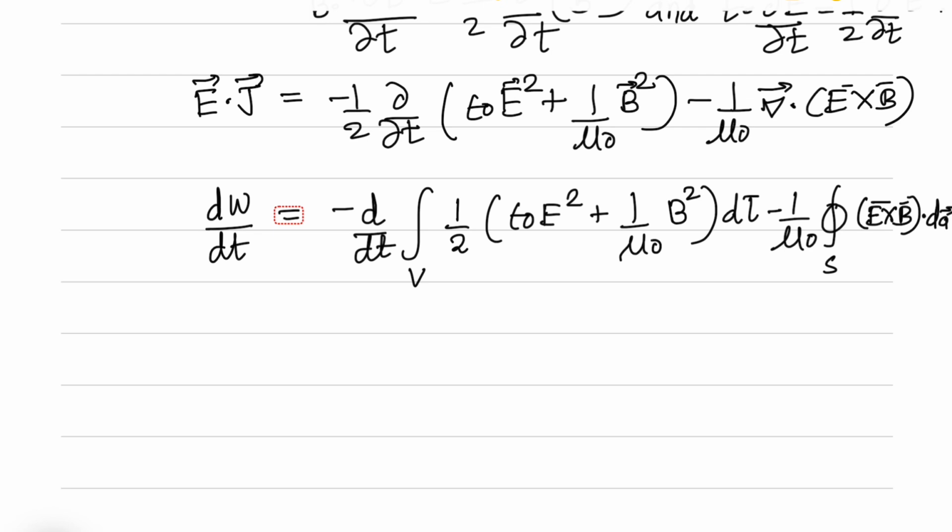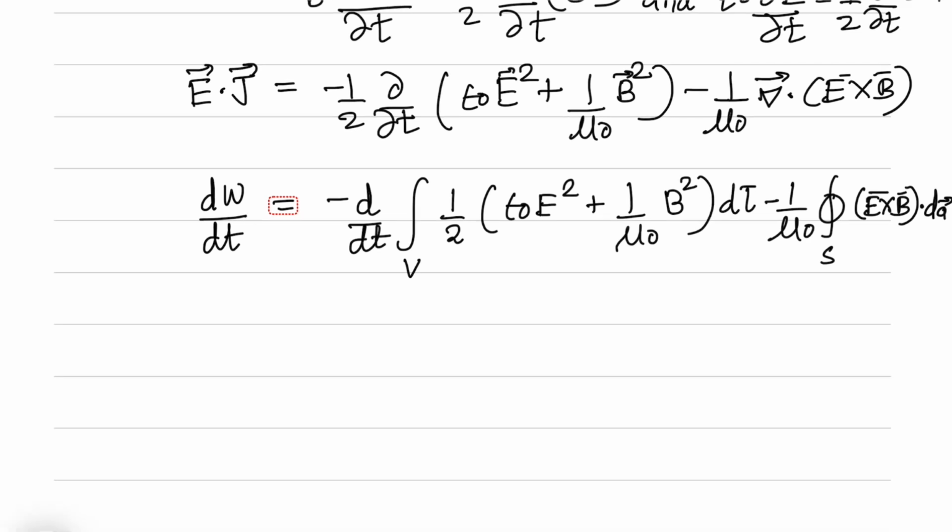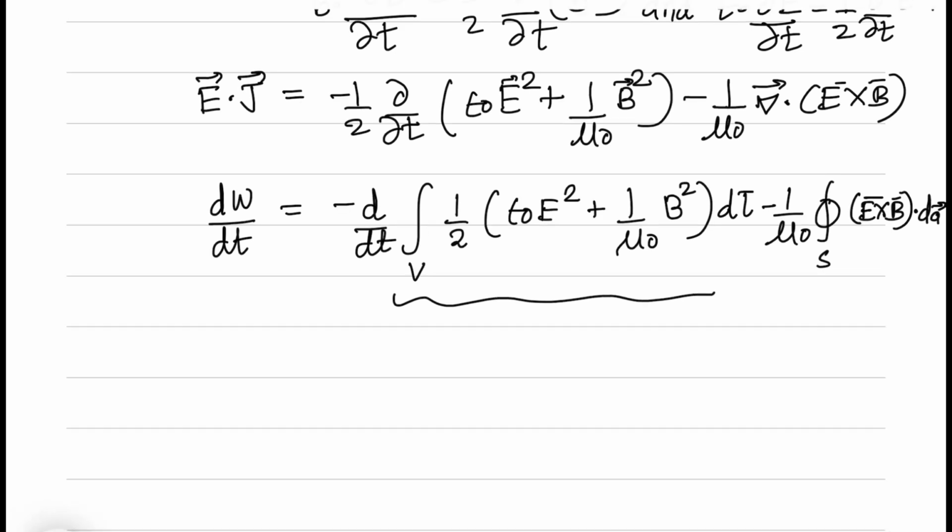The first integral on the right hand side gives us the total energy stored in the electromagnetic fields, and the second term evidently represents the rate at which the energy is carried out of the volume V across the boundary surface by the electromagnetic fields. So this is the second term.